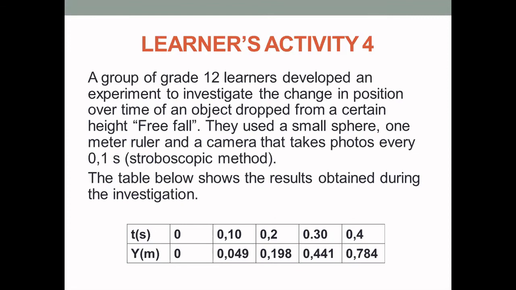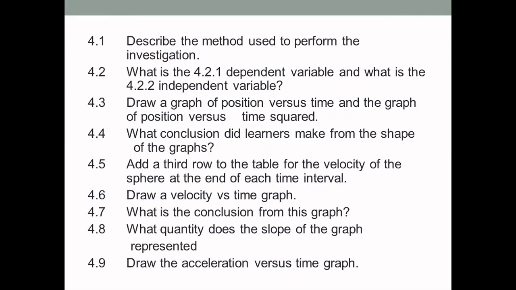Learners activity number 4. A group of grade 12 learners developed an experiment to investigate the change in position over time of an object dropped from a certain height. They used a small sphere, a 1 meter ruler, and a camera that takes photos every 0.1 seconds. The table below shows the results obtained during the investigation. We have t in seconds and also y for displacement in meters. 4.1.